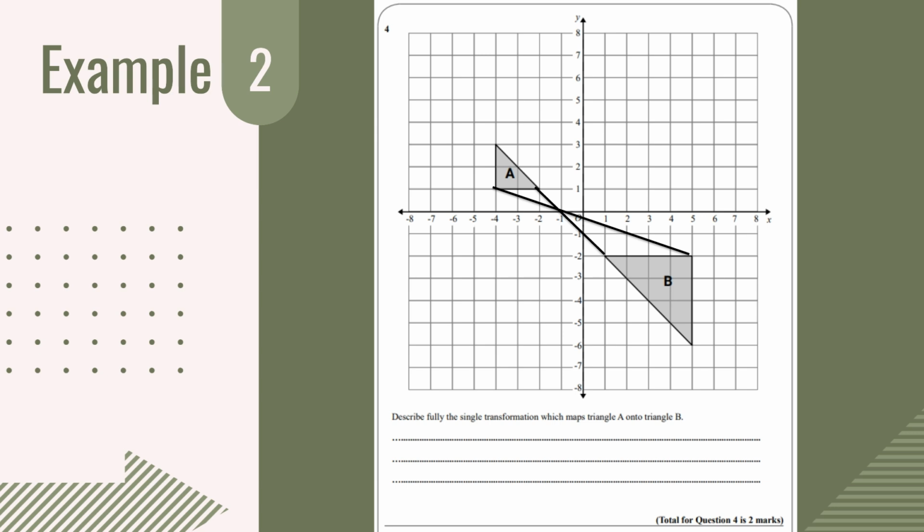So it's an enlargement by a negative scale factor. And as we look from -4 to 2, we go from -1 to 5. So this means we've gone from 2 to 4. So it's an enlargement of -2. So it's an enlargement by the scale factor -2 around the point (-1, 0).